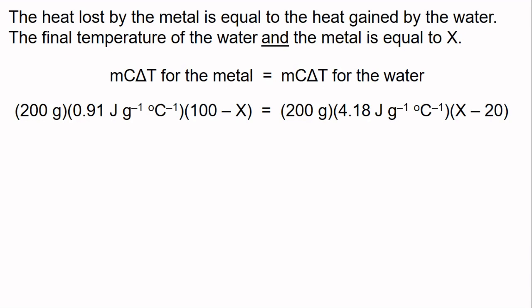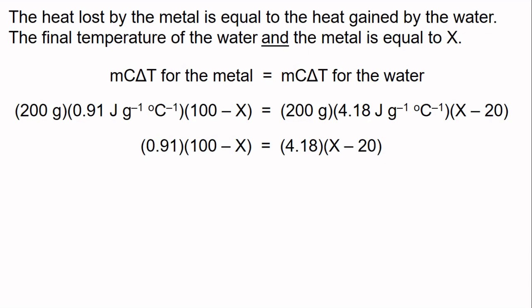So X is going to be some temperature in between 20 and 100. And I wrote the delta T so that it would be a positive number. That made my math a little bit easier than trying to impose a minus sign on one side of the equation. Well, I can cross off the 200 grams because they are the same on both sides.